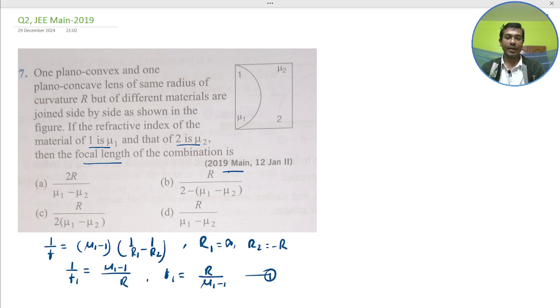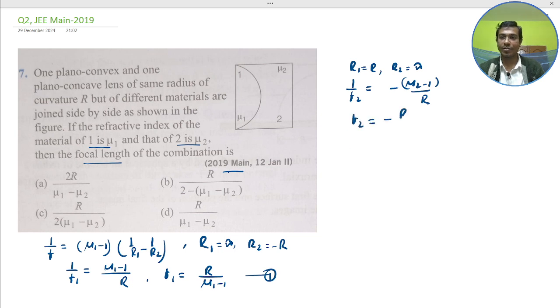For the second lens, with index mu 2, r1 is r and r2 is infinity. By the lens maker formula, 1 by f2 is equal to minus mu 2 minus 1 by r. So f2 would become minus r by mu 2 minus 1. This is equation number 2.